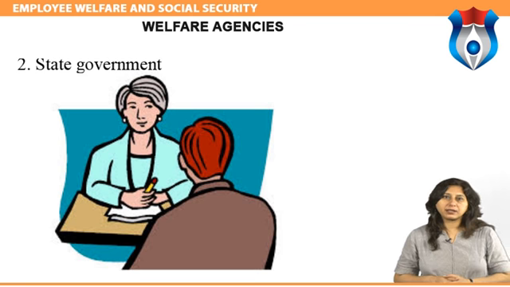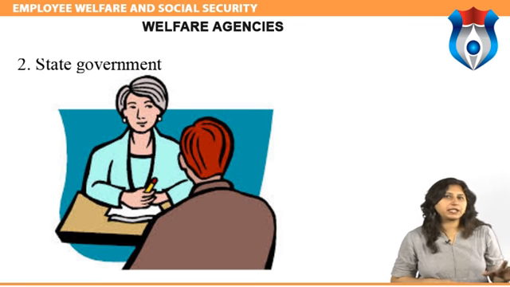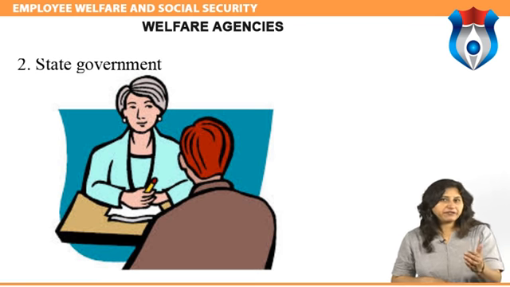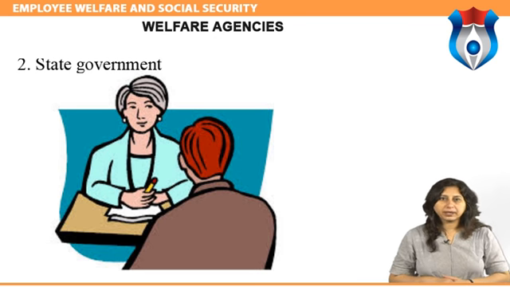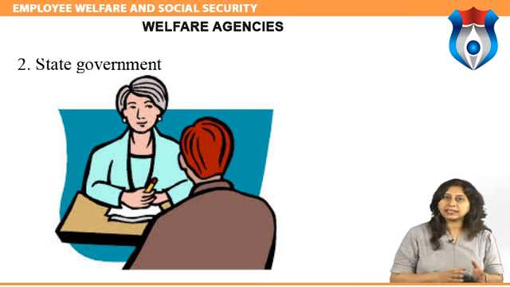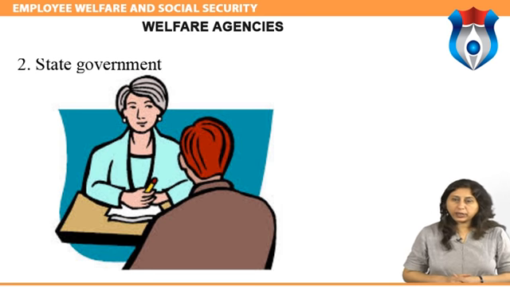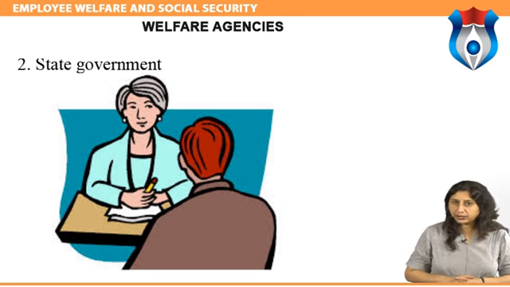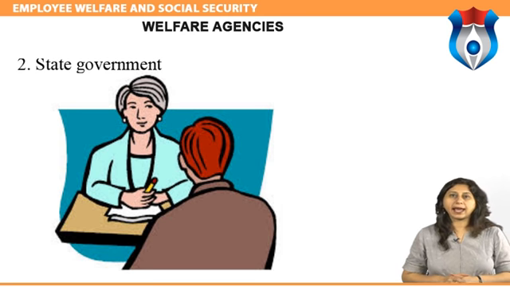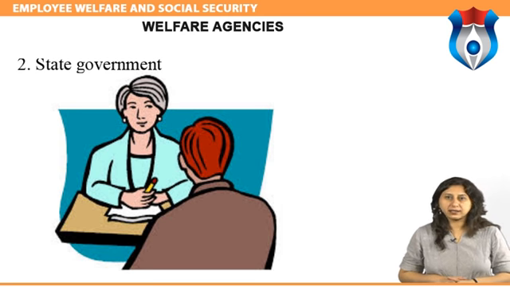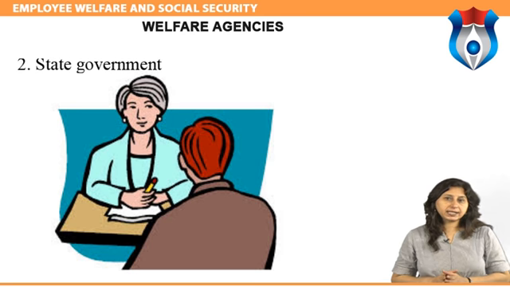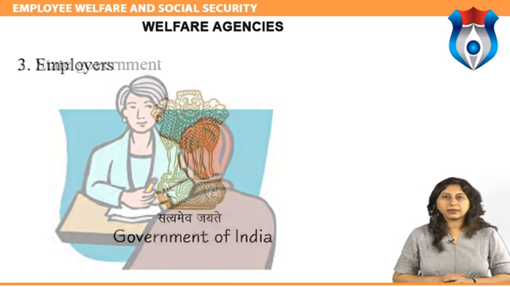State government: governments in different states and union territories provide welfare facilities to workers. Many of them run health and family planning centers, centers for education, vocational guidance, recreation and training of workers and other welfare centers. The importance of such centers cannot be overstated.